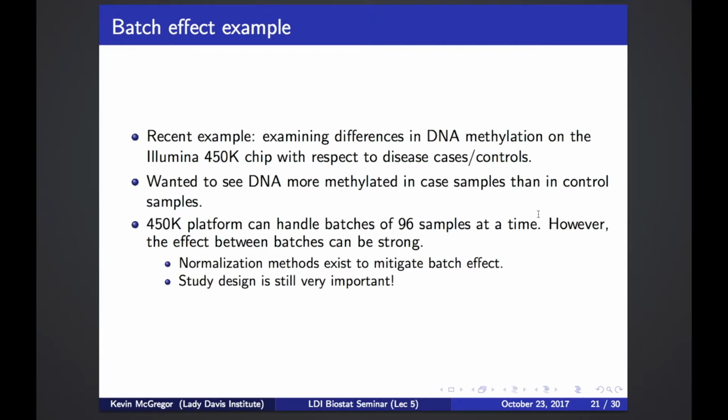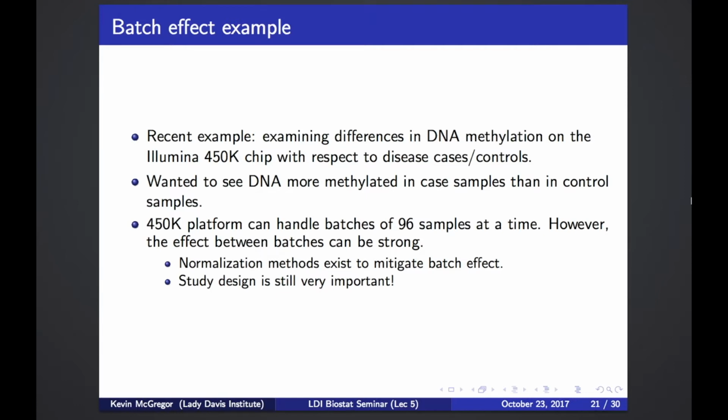On the 450K platform, you can run batches of up to 96 samples at a time. However, it's well known that there's a technical artifact, a very strong batch effect between different batches. There are normalization methods that exist.